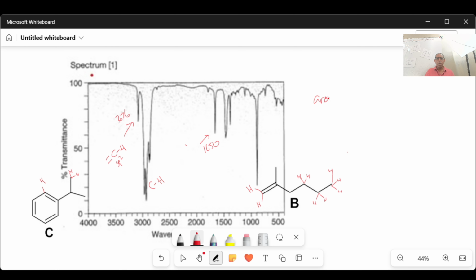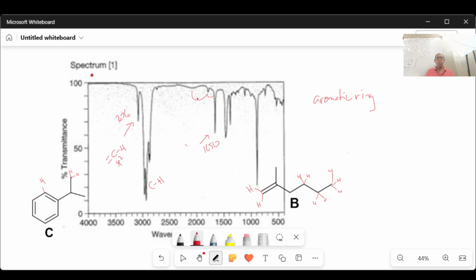You should remember, aromatic or benzene ring, depending upon what kind of substitution it has. This is a mono-substituted aromatic ring, just one substitution. You will see overtones in this region.